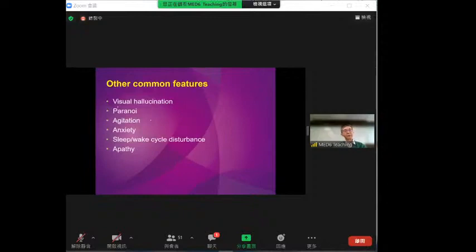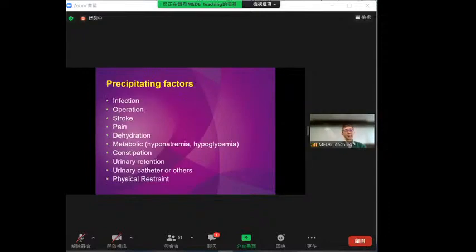They also have other features like visual hallucination, seeing things, seeing their ancestors who have died a long time ago, paranoia, agitation, anxiety, and poor sleep. In the hypoactive type, they get apathy. There are many precipitating causes.